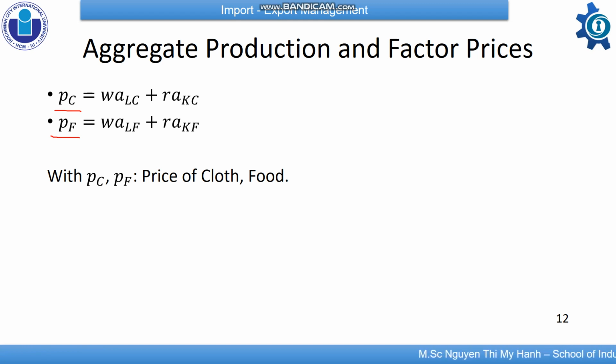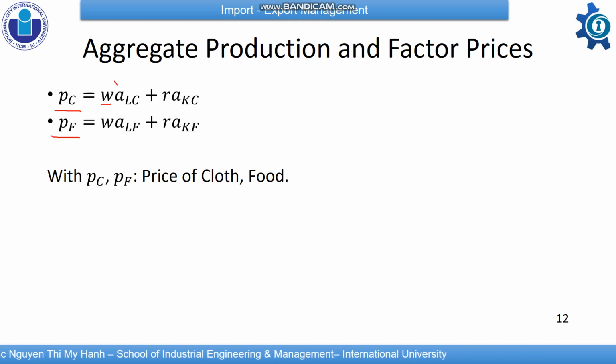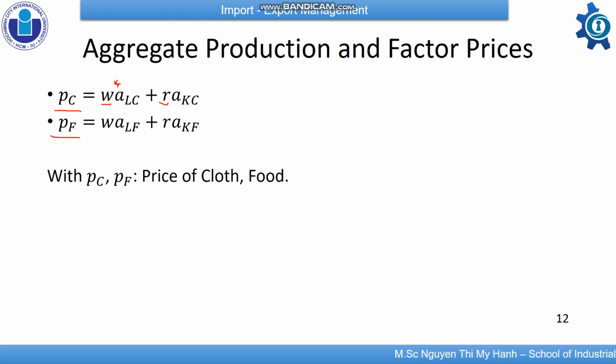We can see that the price of cloth will equal the wage rate times the labor used to produce 1 meter of cloth, plus the rental cost times the capital used to produce 1 meter of cloth.